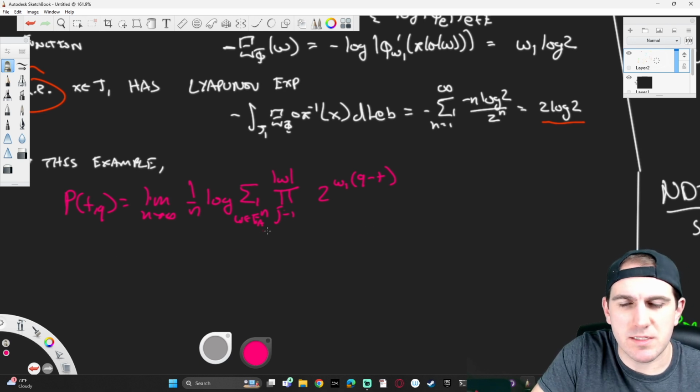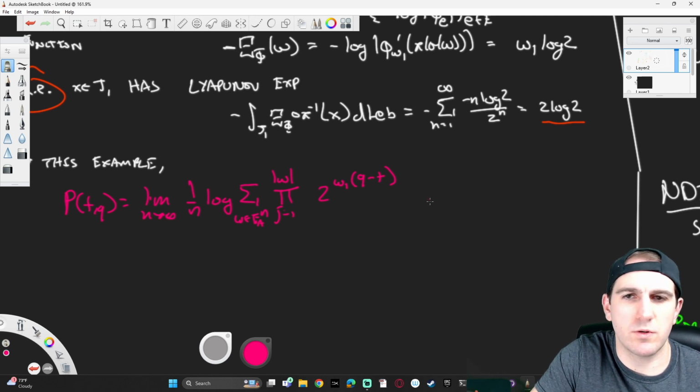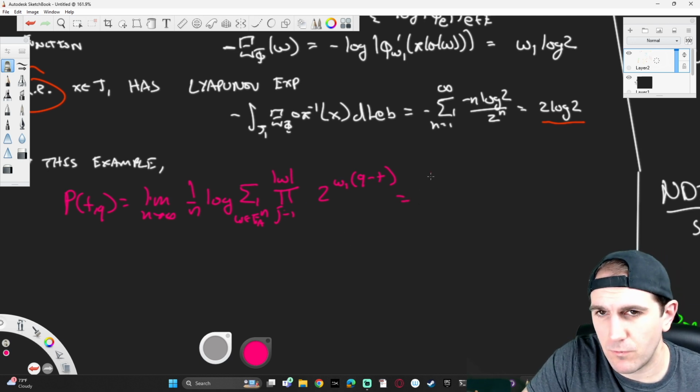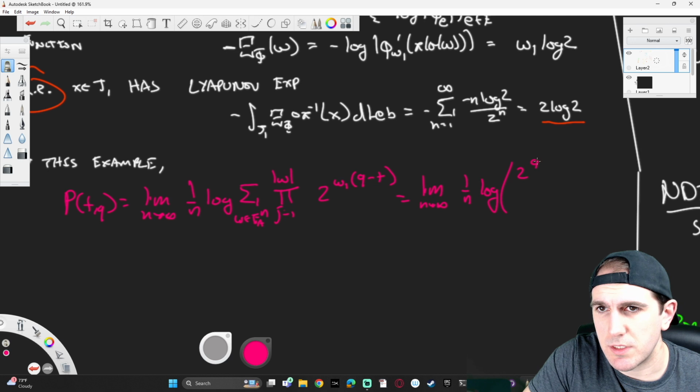And because all of these index sets are just the naturals to the nth power, and these things only depend on the first coordinate, we get the limit as n goes to infinity of 1 over n log of 2^(q minus t) over 1 minus 2^(q minus t).